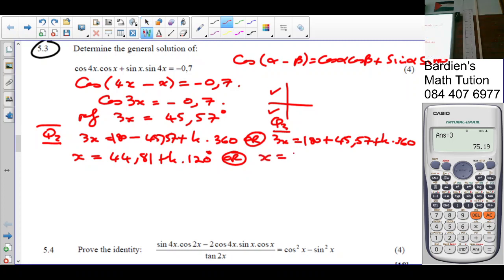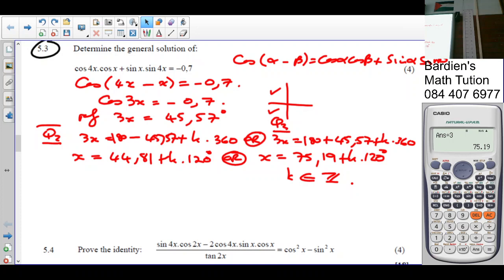So x is equal to 75,19 plus k times 120 degrees, where k is an element of integers. Any confusion here? No?